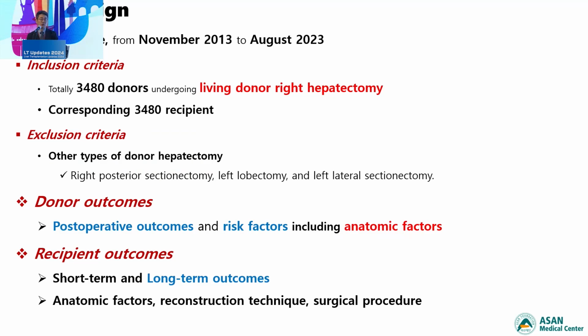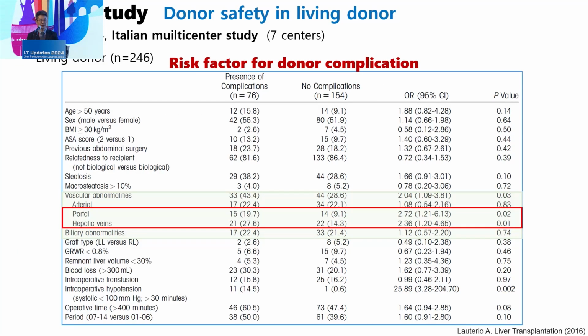So in our study, we performed various subgroup survival analyses considering graft anatomic factors, the surgical procedure, and the reconstruction technique for the vascular and biliary anastomosis. This is a retrospective study between 2013 and 2023, and a total of 3,480 right liver living donors and their corresponding recipients are included.